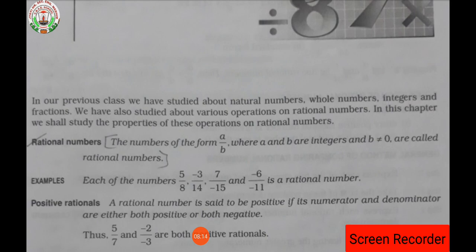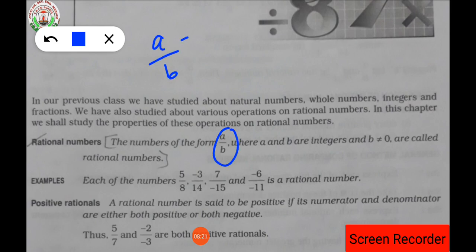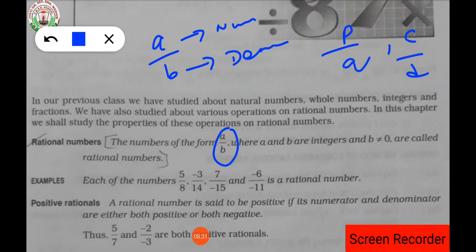Dear students, in a rational number a by b, a is the numerator and b is the denominator. In place of a by b we can put p upon q, c by d, or x by y also.